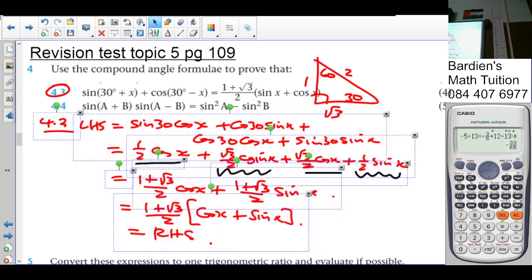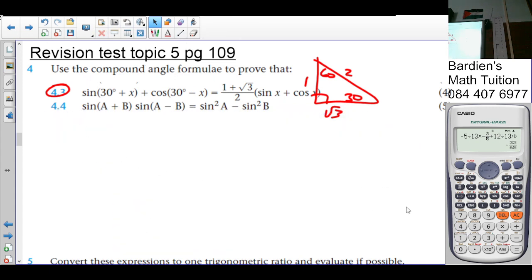Then if you look at the next one, in 4.4, again the left hand side is more complex. So it will be easier to expand than to reduce. As you can see here, we're going to go with the sine expansion.